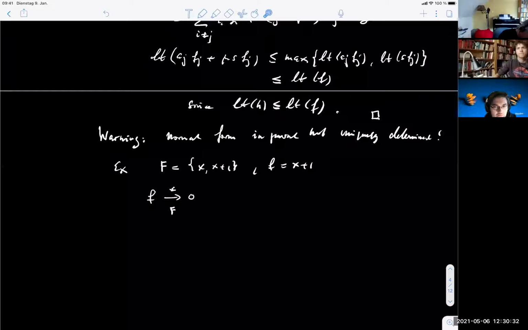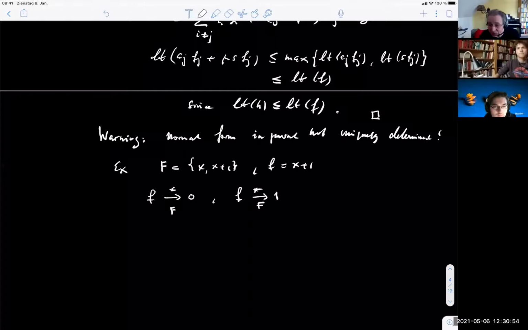On the other hand, I could say I'd rather use the x, then I end up with 1. So if I want to take this one, I subtract x, and I have 1.